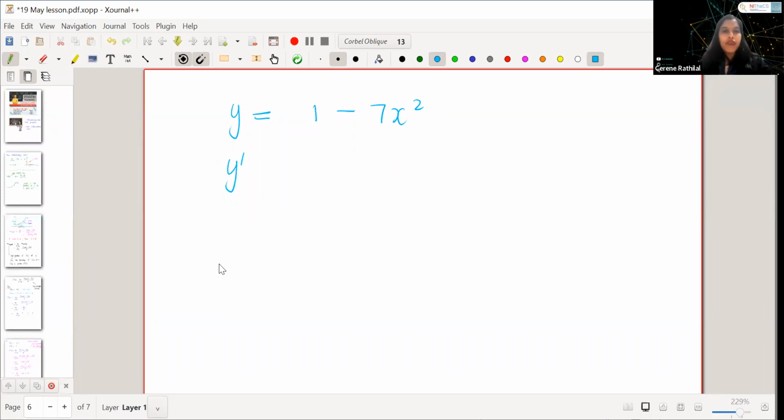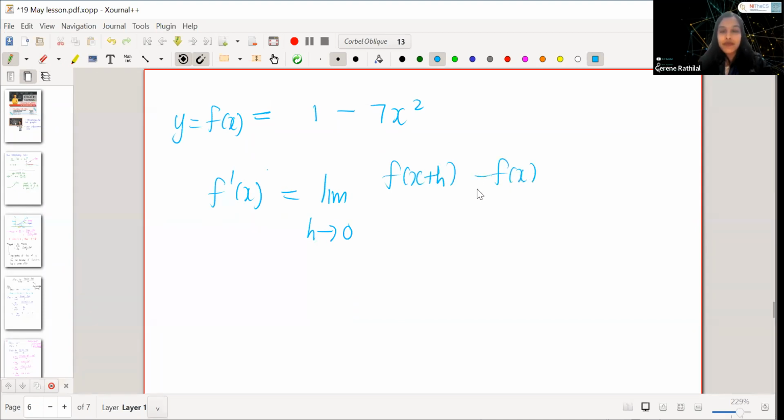So again, if you view this as your f of x, then f prime of x, we have our formula, is the limit as h approaches 0 of f of x plus h minus f of x divided by h. Right, so that's what we've got. Of course, we now need to spend some time calculating what is f of x plus h. So let's do that together.